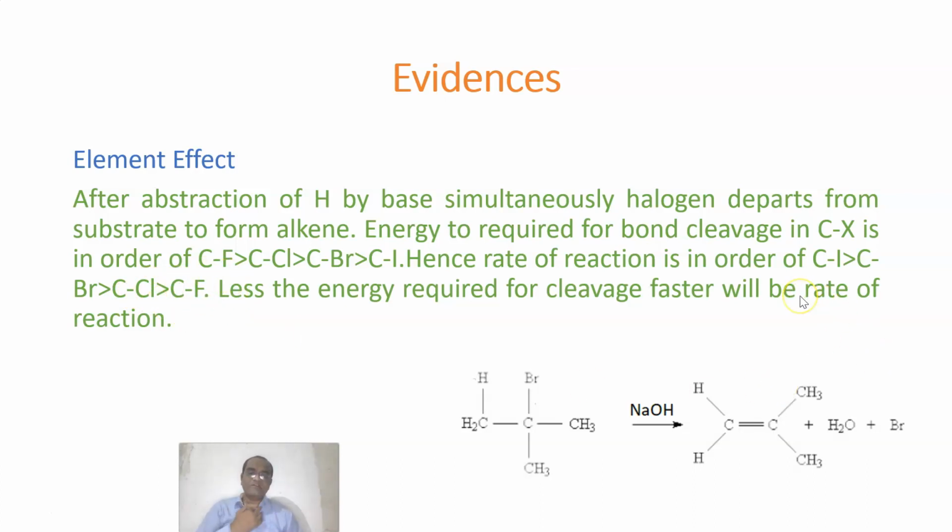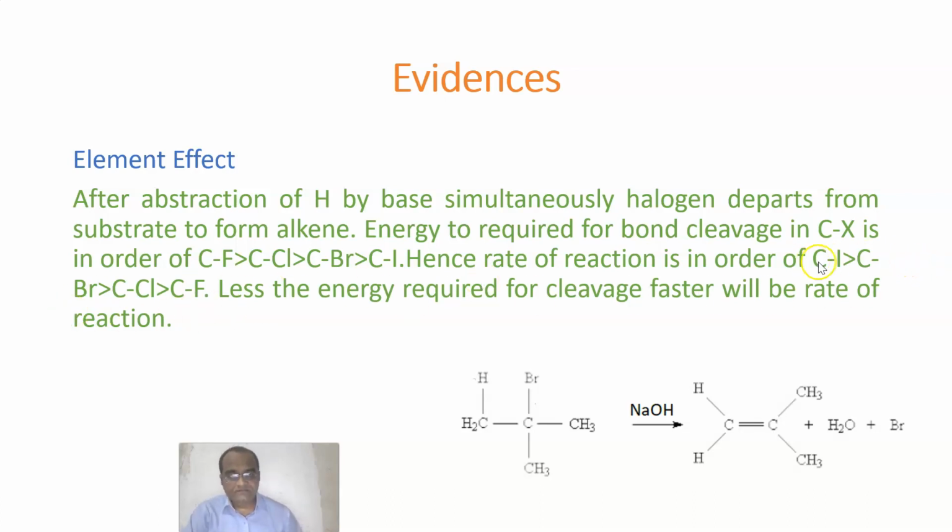For the rate of reaction, when the halogen is iodine, the rate of reaction increases because iodine does not require a huge amount of energy. So iodine requires less energy, bromine requires more, chlorine more, and fluorine requires the most.